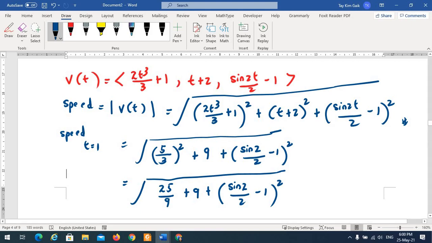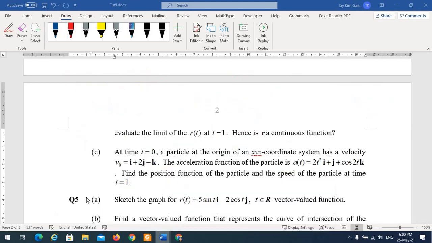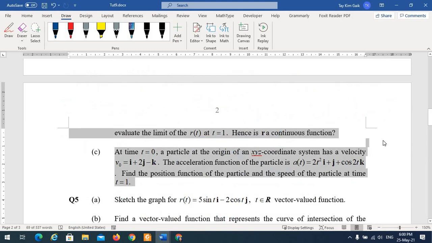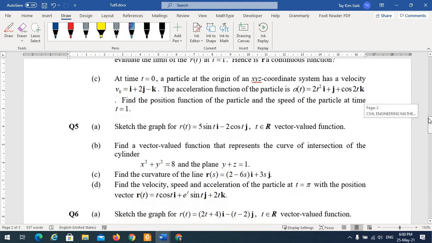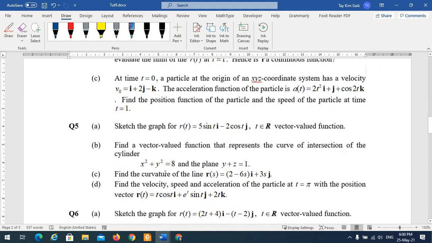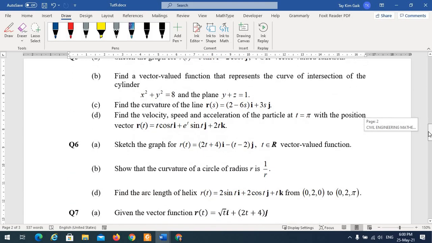So we just managed questions 3 and 4. The rest you can try, except the curvature and arc length.